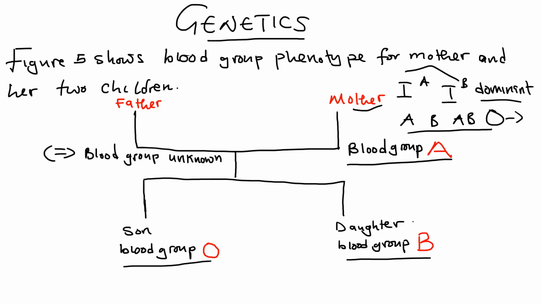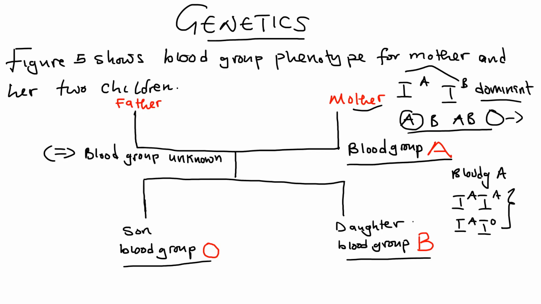It is very important to look at the genotypes for the blood groups. For blood group A, the possible genotypes are AA and AO, since blood group O is recessive.